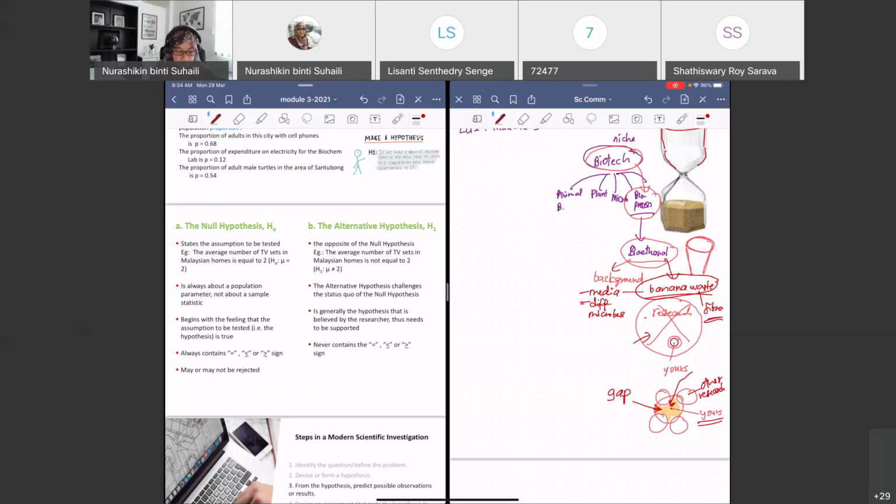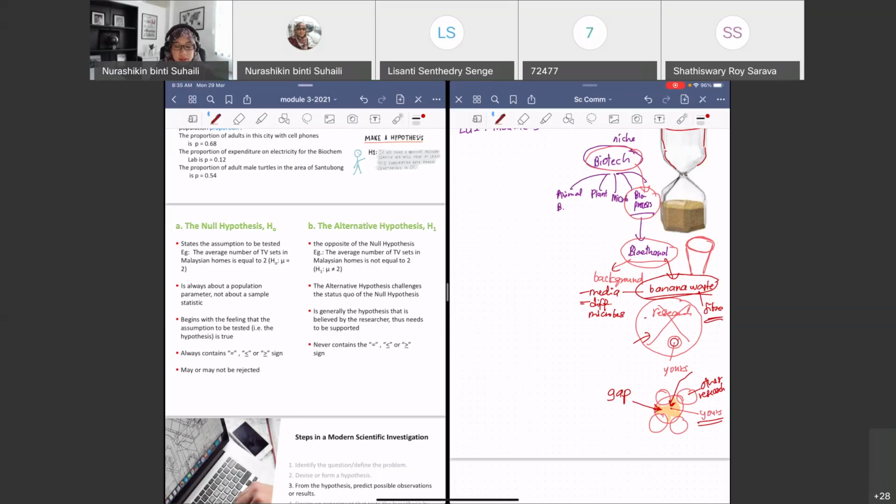This is more of a statistics definition, but relating it to the bioethanol example: for the null hypothesis, there will be no bioethanol production using banana waste, and for the alternative hypothesis, there will be production. It states the possible outcomes.